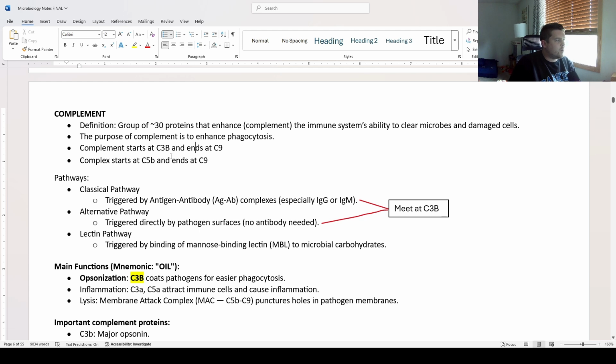The things that we do want to remember is C3b, that's complement 3b, is where our different immune pathways meet each other and then continue. So our classical immune system pathway is triggered by the antigen antibody complexes. The alternative pathway is triggered directly by the pathogen itself. Those are the big things that we want to remember.